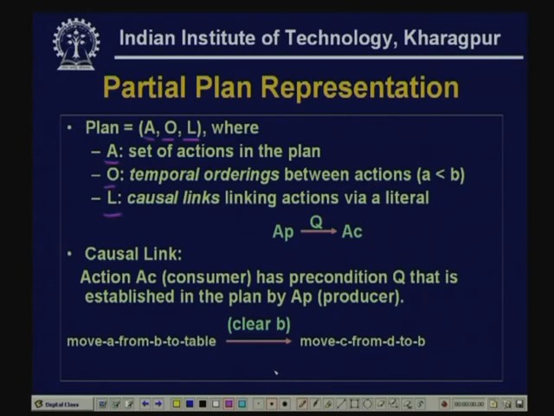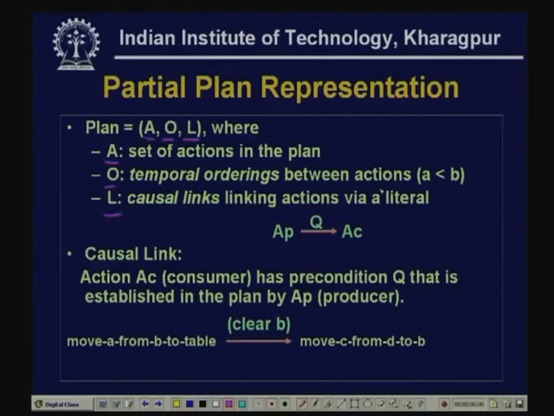We will see some examples. This is the notation. This is an example of a causal link AP to AC with label Q. Which means that the action AC has a precondition Q, and this precondition is achieved by the action AP. So, the action AP achieves a condition Q which is required for the action AC to be executed. So, these are called causal links.